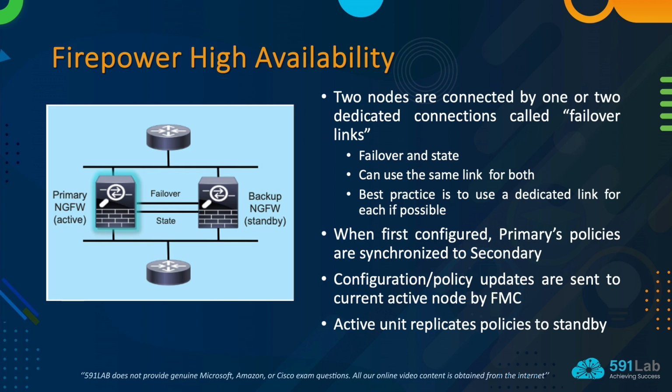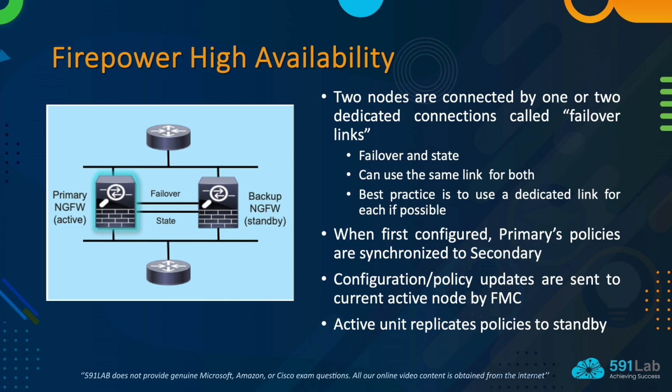The slide depicts a Firepower Threat Defense high availability configuration with two Firepower Threat Defense devices connected for failover redundancy. The two devices are connected by one or two dedicated connections called failover links. These links are used to synchronize state information between the primary and the secondary Firepower Threat Defense devices.